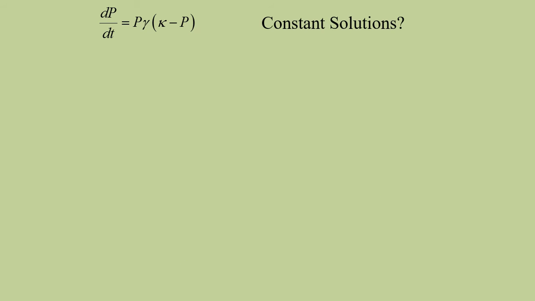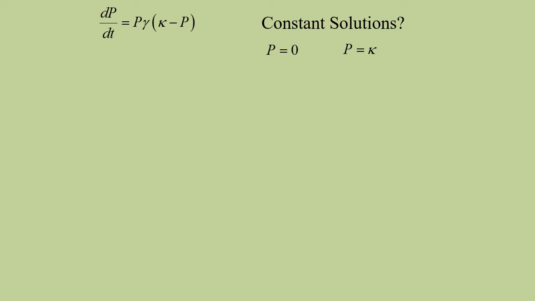Now, the constant solutions, remember P is our variable, the population is the function quantity that we're trying to recover eventually, and the constant solutions would be where gamma times P is equal to 0 and where kappa minus P is equal to 0. So that would give us two constant solutions, P equals 0 and P equals kappa.